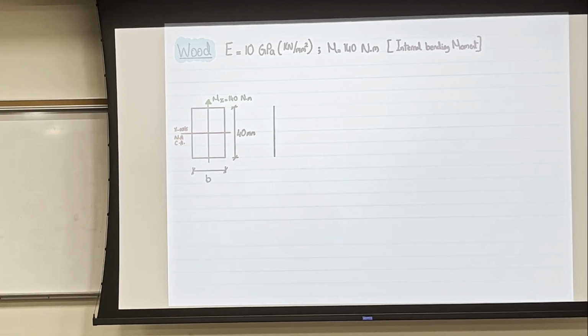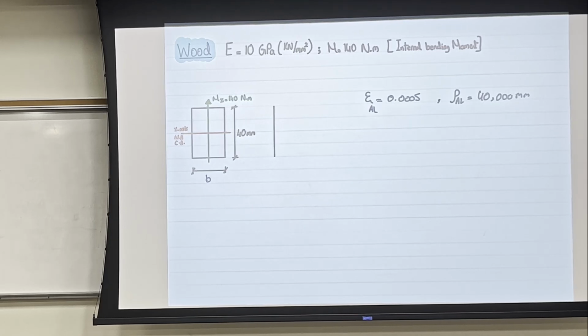So I'm going to say, okay, because the epsilon for aluminum was 0.0005, and the rho for aluminum was equal to 40,000 millimeter, right? I want them to be equal for the wood as well.